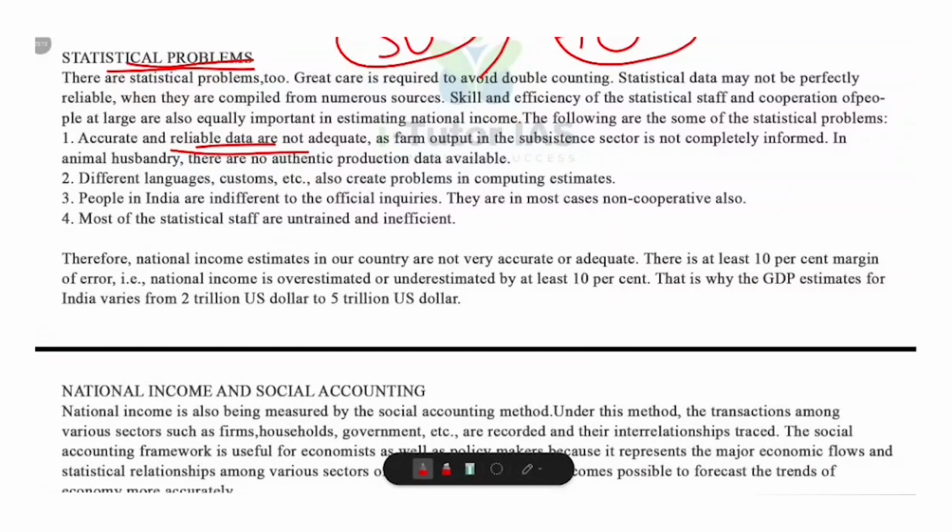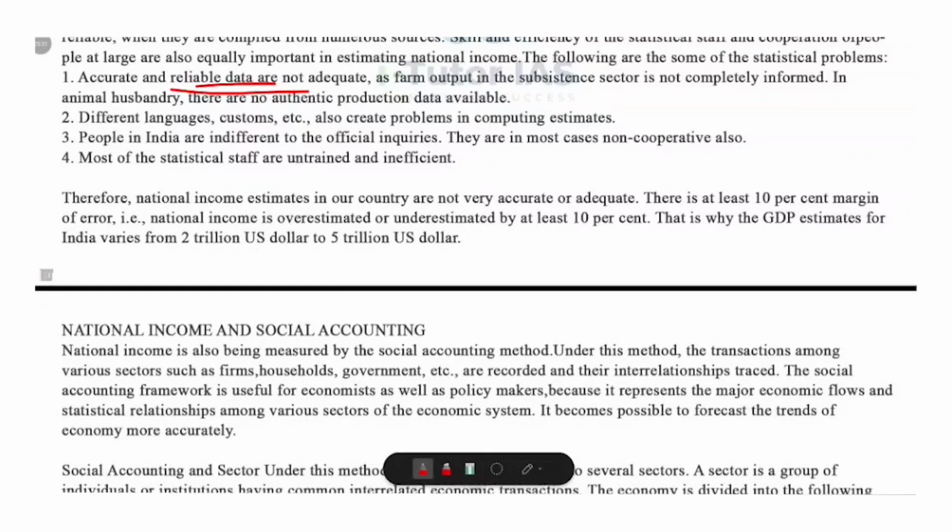Then the non-cooperation of people. Many individuals and households are indifferent or unwilling to provide accurate information during the survey. Then untrained statistical staff. Some staff collecting the data may lack proper training, leading to errors in recording or computation. Then what about margin of error? Because of the above issues, national income estimates for India can have at least 10% error.